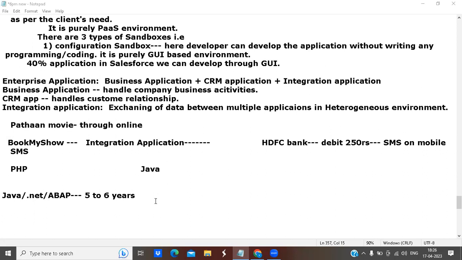But the same application, if you want to develop it on the force.com platform, or the Lightning platform, which I told you about last class, I hope you remember that, we can develop it in a maximum of 8 to 10 months.